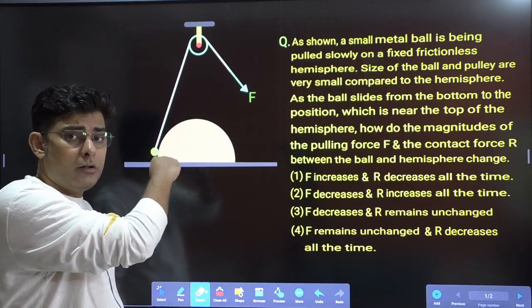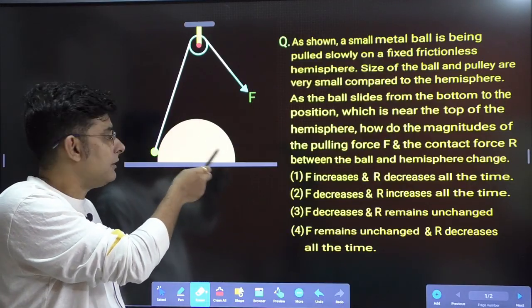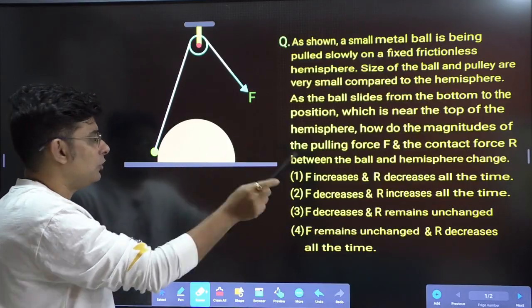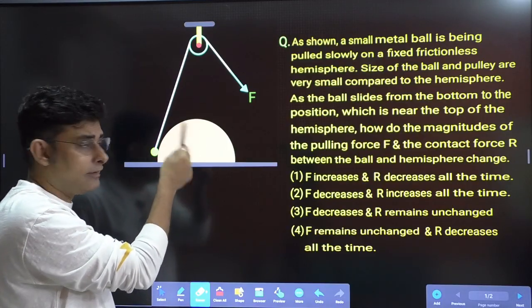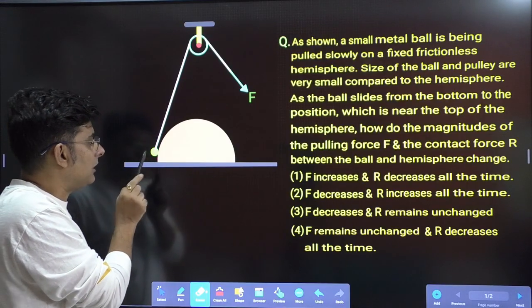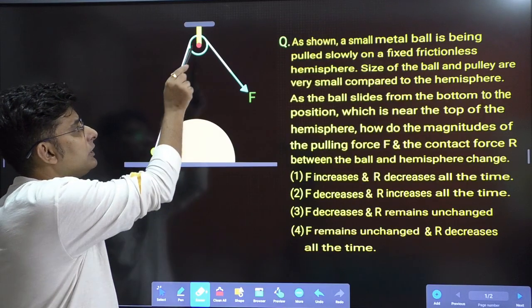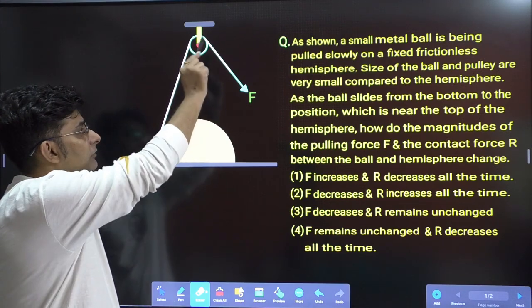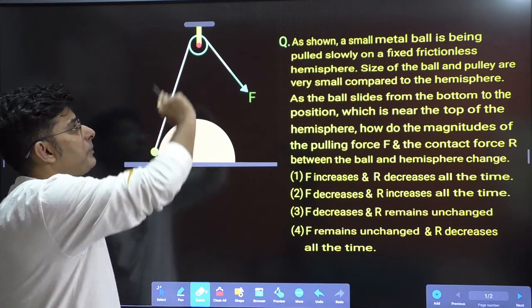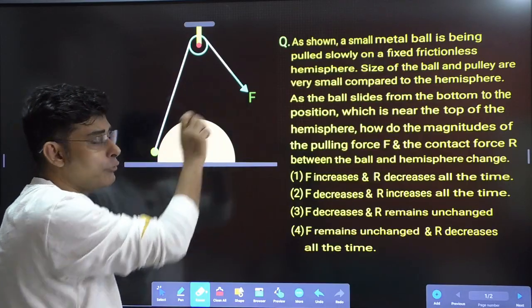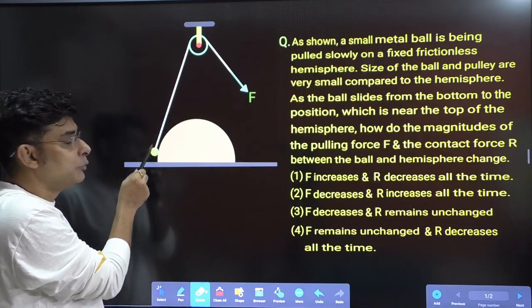We have a solid hemisphere which is fixed, and there is a small metal ball whose size is negligible compared to the size of the hemisphere, and this metal ball initially was lying near the bottom and it is being gradually and slowly pulled when it is connected to a cord which passes over a pulley, by a force F. So what will happen? It will move up.